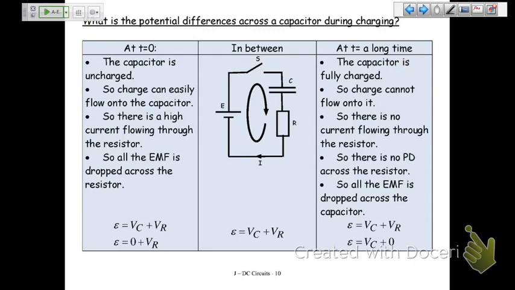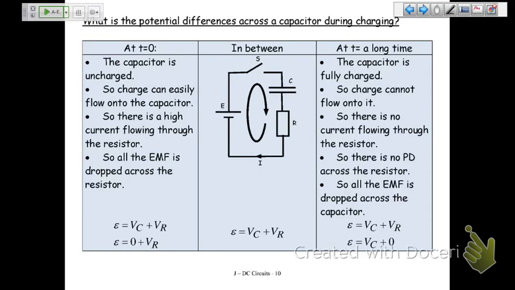Okay, so now we have three possibilities. Let's take the instant that the switch is closed. There's this battery just trying to push charge, but it can't because there's a dead end at this switch. It's called an open switch, so nothing's flowing.